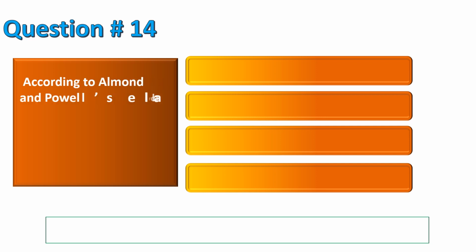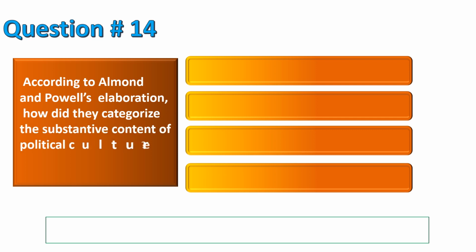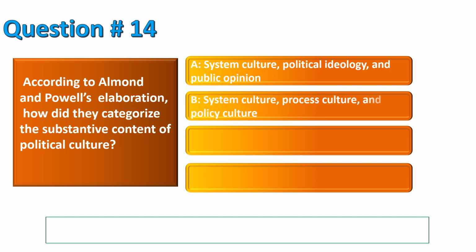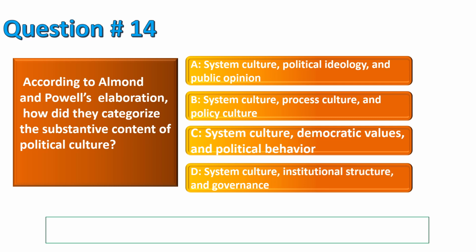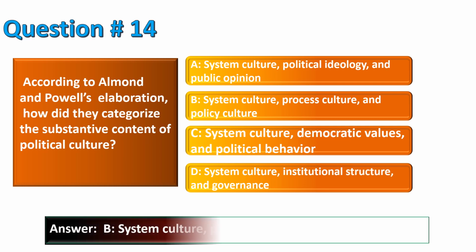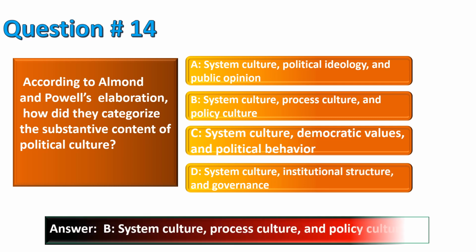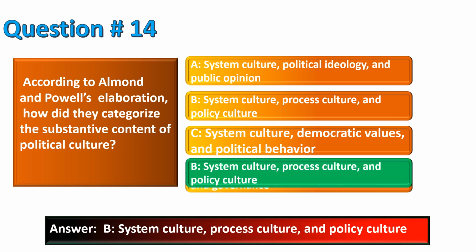According to Almond and Powell's elaboration, how did they categorize the substantive content of political culture? The correct option is option B, system culture, process culture, and policy culture.